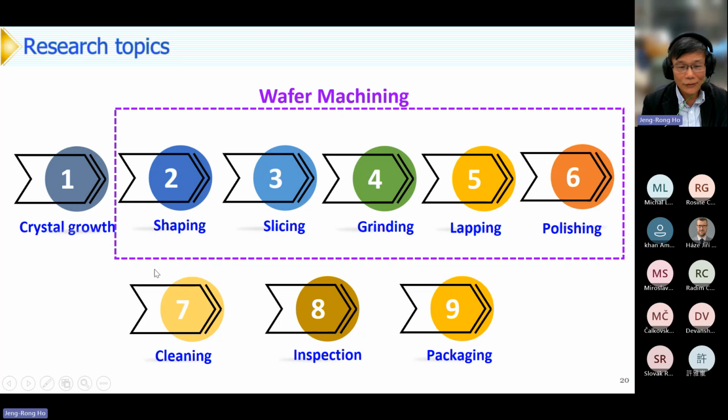Our work focuses on several key stages, including ingot edge trimming, we call it shaping here, and then wafer slicing, and subsequent grinding and lapping. Finally, the polishing steps are conducted in GW.